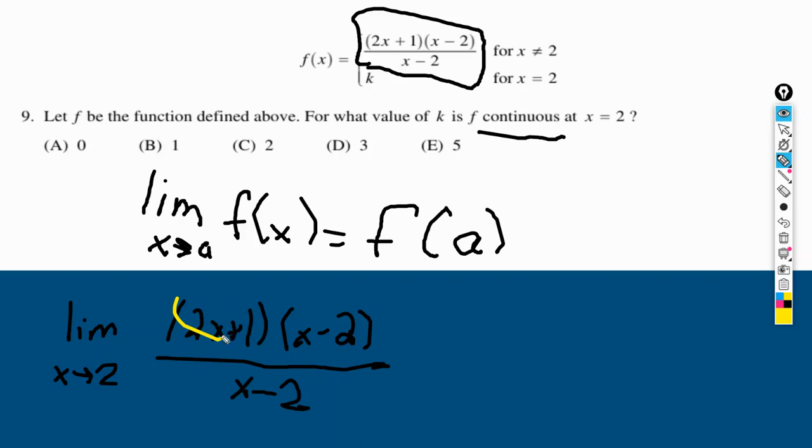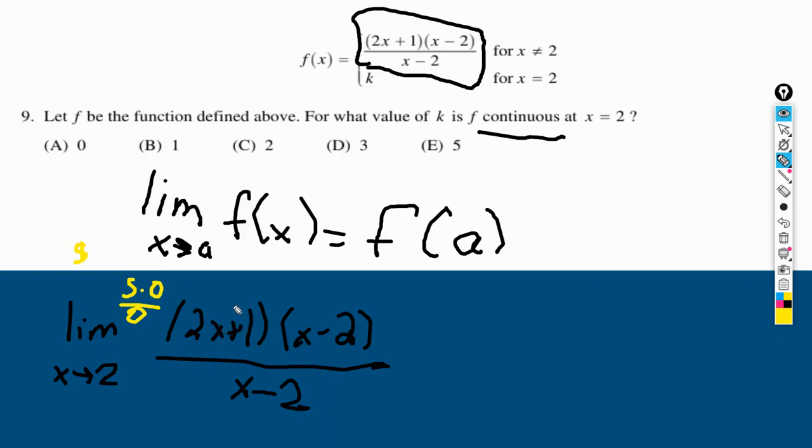And this right here will get 5. This will get 0. And this will get 0. So I'll do this little work off to the side. 5 times 0 over 0 is indeterminate. So we need to see if we can do anything else. Anytime you have 0 over 0 in any way, it is indeterminate form.